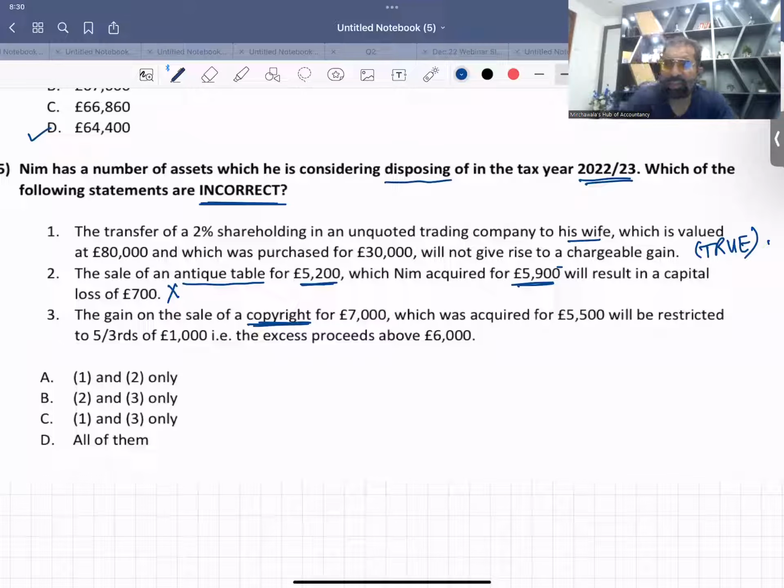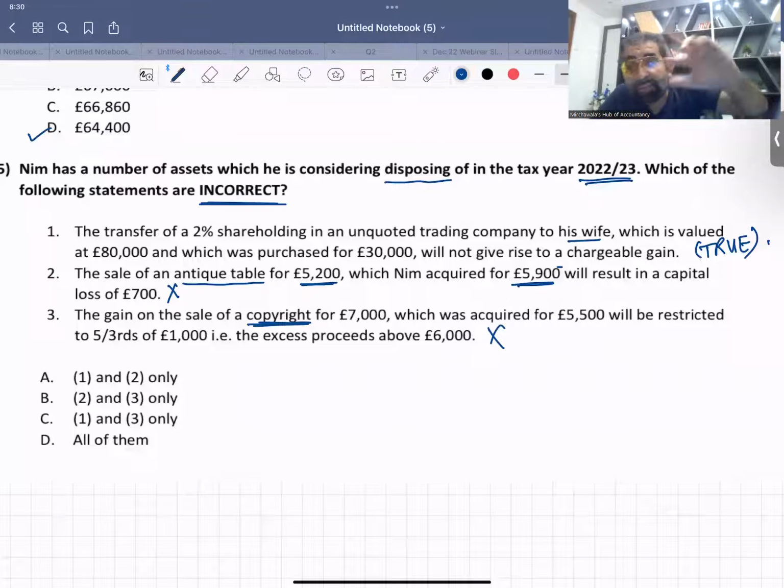So again, they are saying as this is acquired for 5,500 and sold for 7,000, will be restricted to 5 upon 3. No, no, no. That was case number 3 of non-wasting chattels.